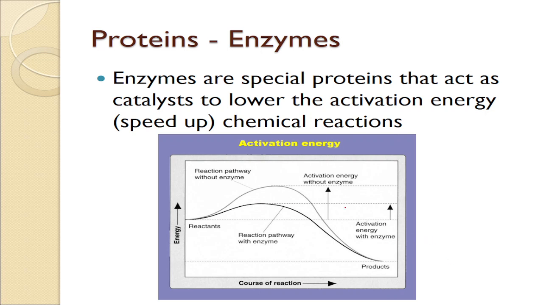This one needs large energy because there is no enzyme. But here we have an enzyme, so we have small energy needed. And enzymes are very specific, so they will only work for a specific reaction, for a specific duty.